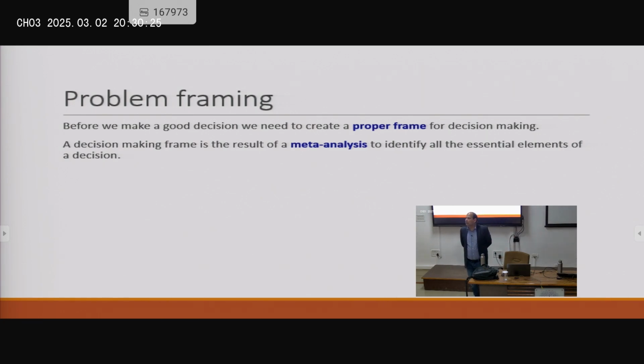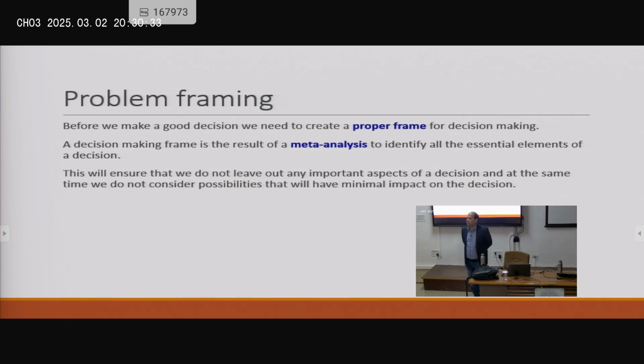So a decision-making frame is the result of meta-analysis. We call it meta-decision of what all we need to include as the essential elements of a decision. So we want to make sure that we don't leave anything out that is important. We also want to make sure that we don't add too much into our decision that has minimal impact, right?